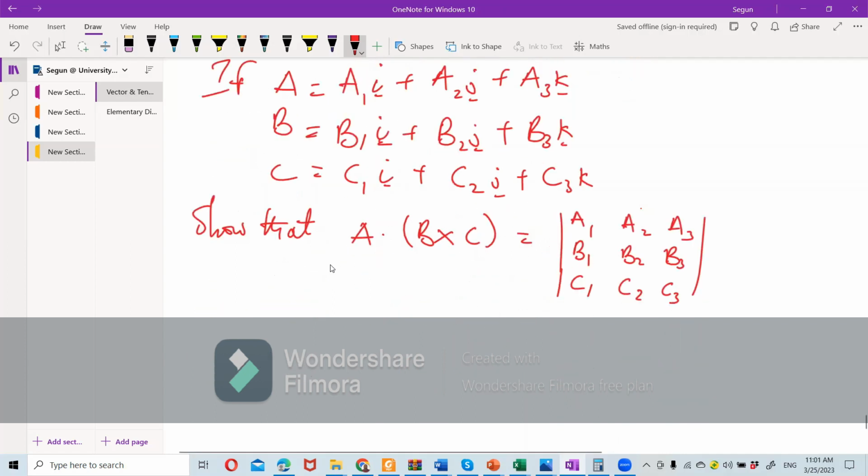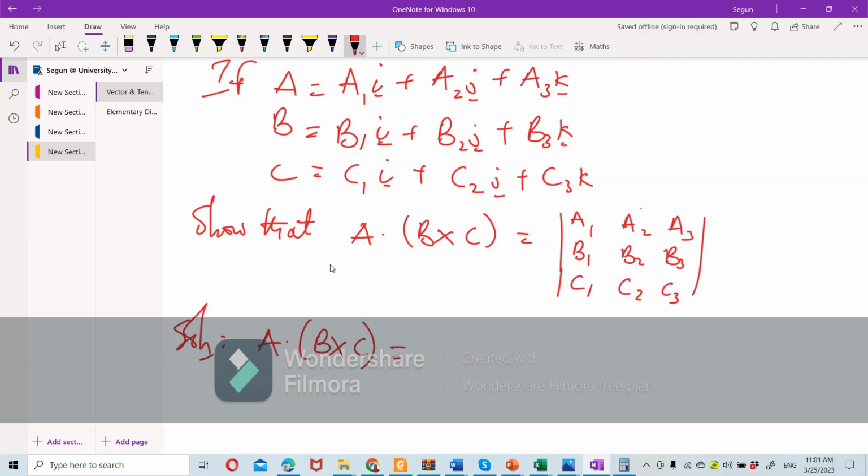So how do we solve this problem? Solution. A dot B cross C is the same thing as A dot the determinant of i, j, k, B1, B2, B3, and C1, C2, C3.